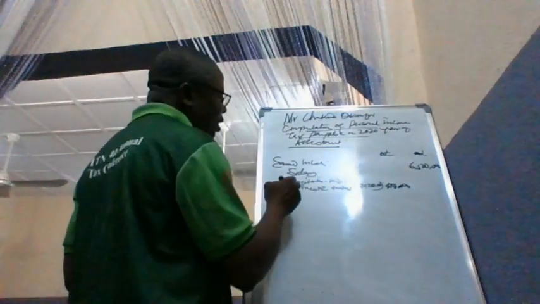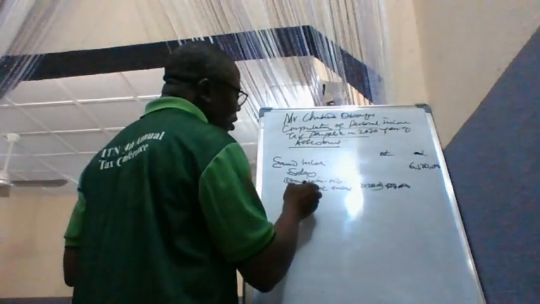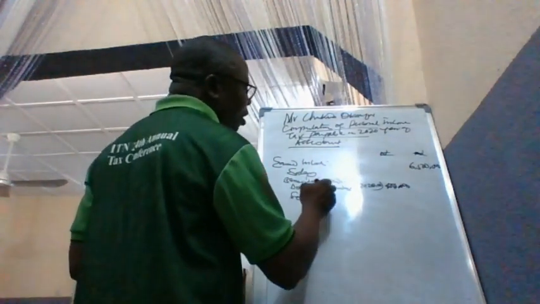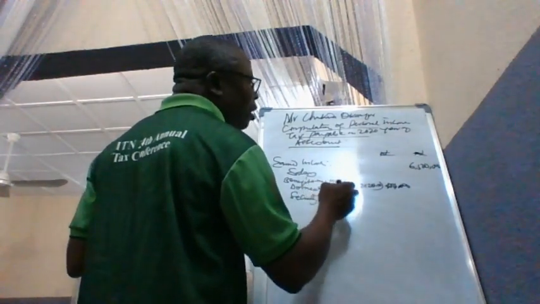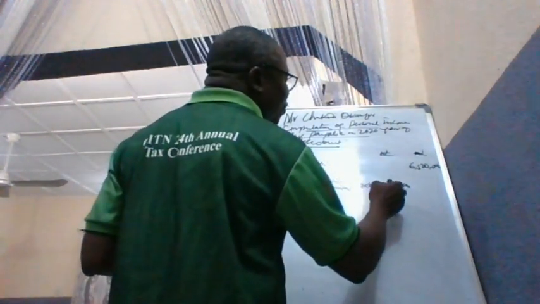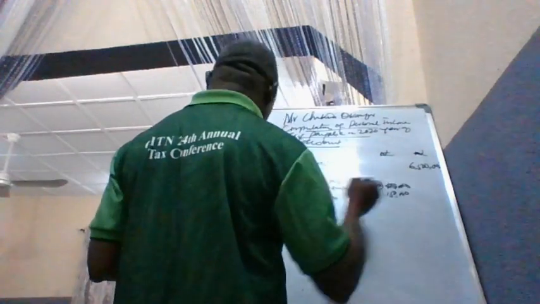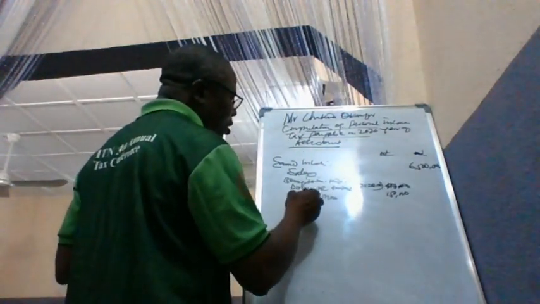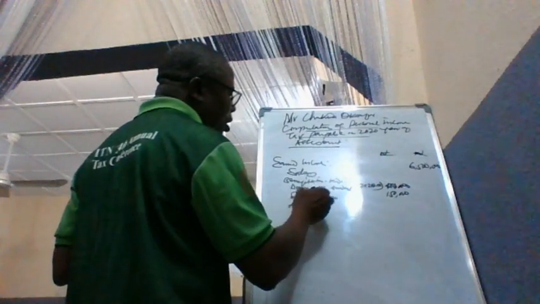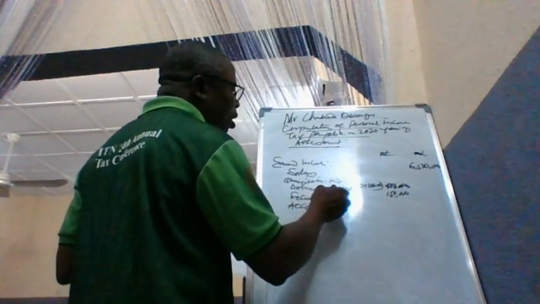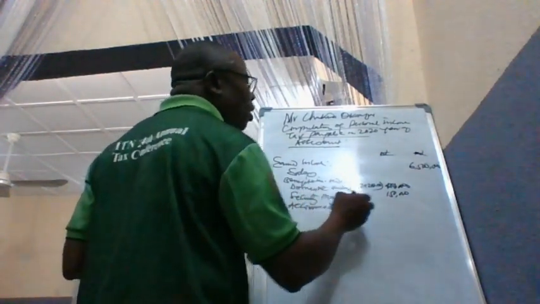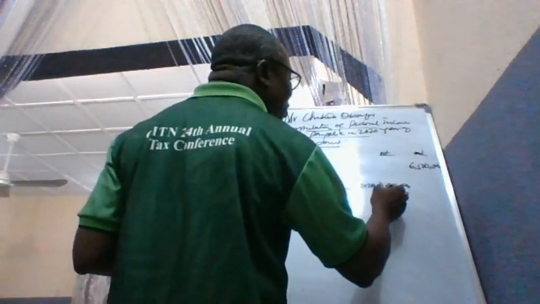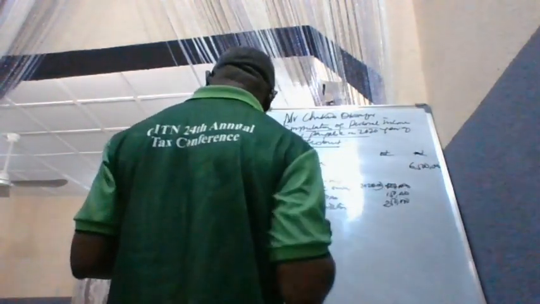The next one was the security man. He was paid 150,000 naira. The next one is accommodation. It was 250,000 naira rental.